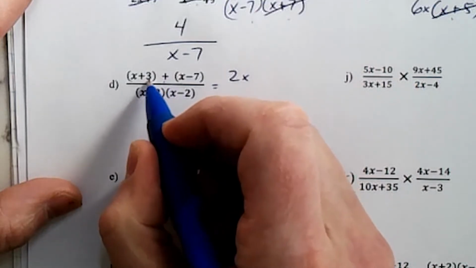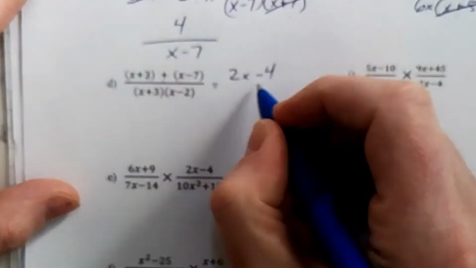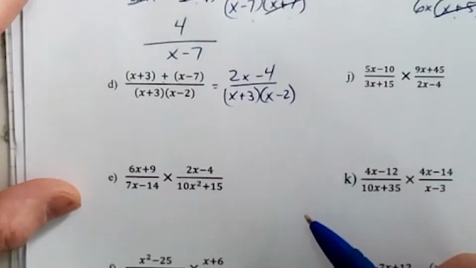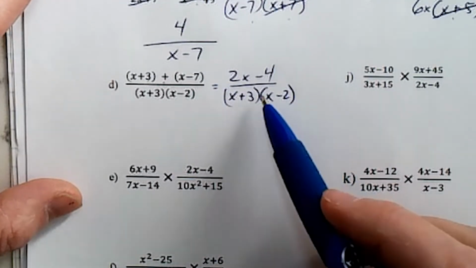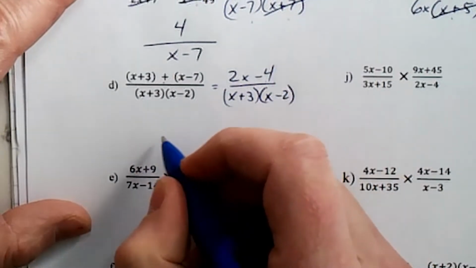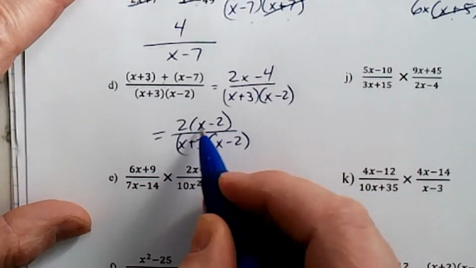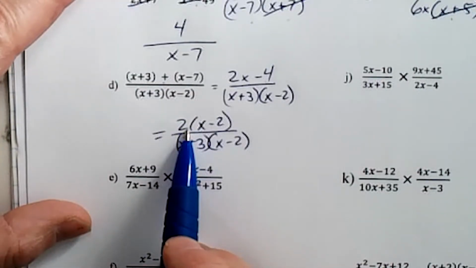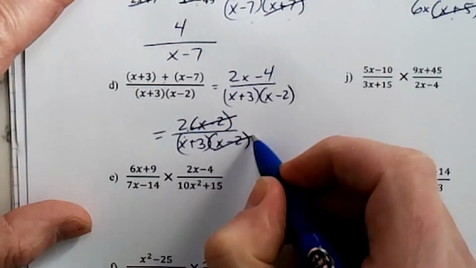Then take the numbers, 3 plus negative 7. Now we can't cancel because they're not identical, but a thought should be, can we factor this? 2 goes into both. And then we see we have matching binomials.